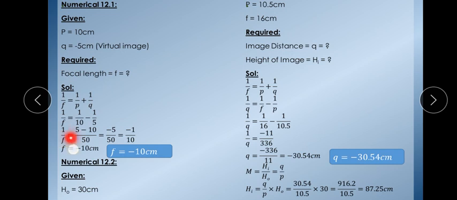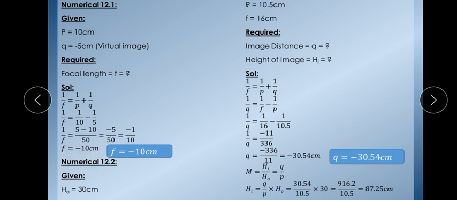It will become 5 minus 10 by 50 is equal to minus 5 by 50, and when we divide both values by 5, it will become minus 1 by 10. And after taking the reciprocal on both sides to get f, as it is 1 over f, the answer for the focal length will be minus 10 centimeter.